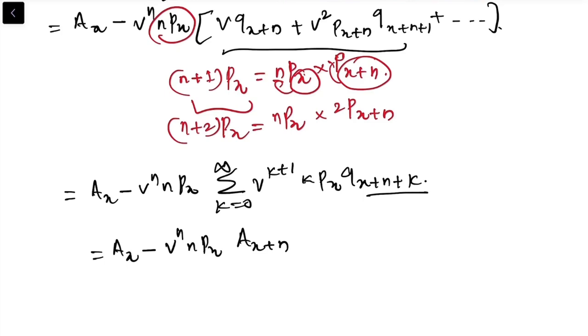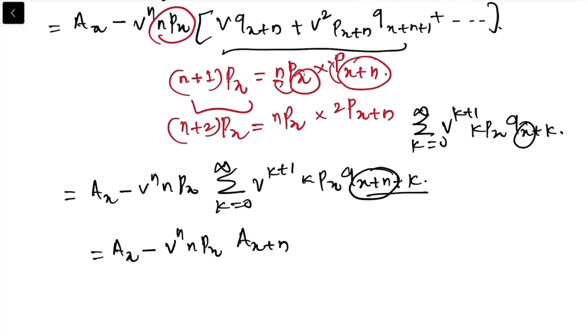Like if you remember from the previous video, we had the summation k equals 0 to infinity of v^(k+1) _kp_x q_(x+k), right? Now instead of x we have x plus n, so that's why this is x plus n.